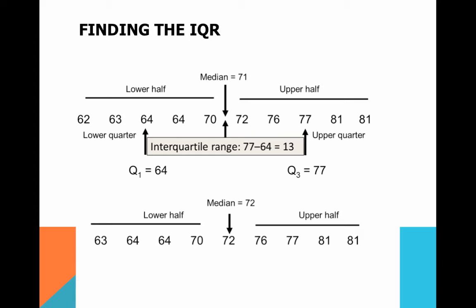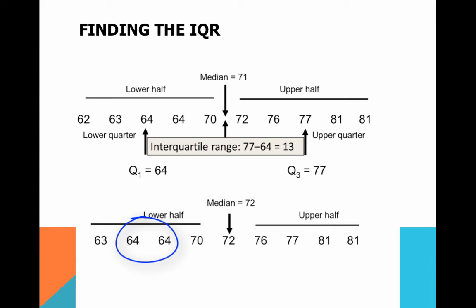So now that we've identified our lower and upper halves, what do we do? Find the midpoint of those to get our Q1, 25th percentile, and our Q3, 75th percentile. We have 4 scores in each of our halves, so 4 plus 1 is 5, divided by 2 is 2.5. So we go to the 2.5th position, between 64 and 64. So we have 2 numbers.